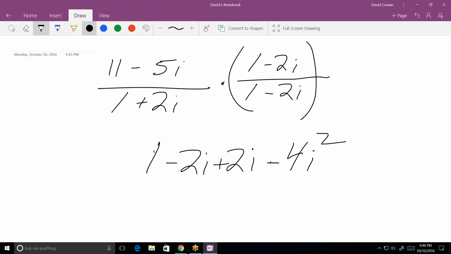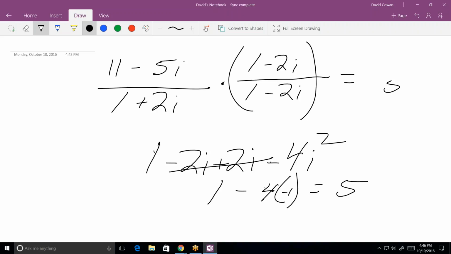That's just looking at the denominator. The i's go away. What's i squared equal to? Minus 1. So this becomes 1 minus 4 times minus 1. So it turns into 5.